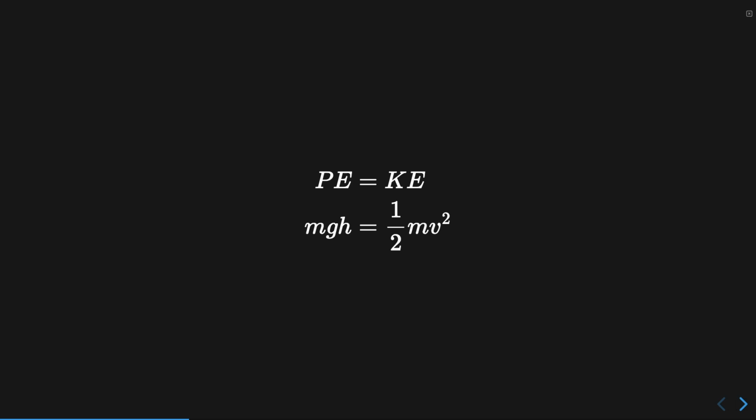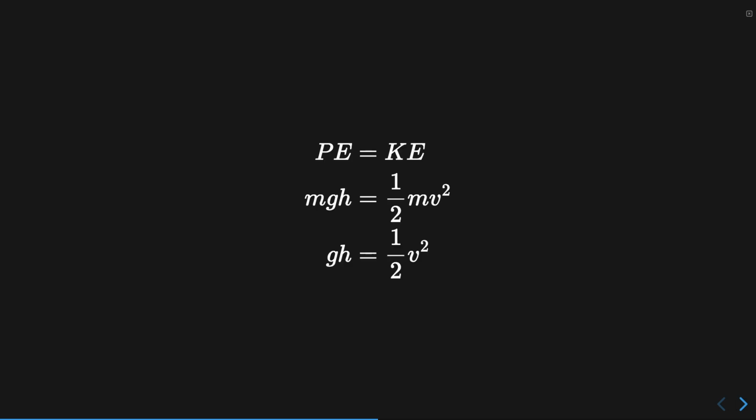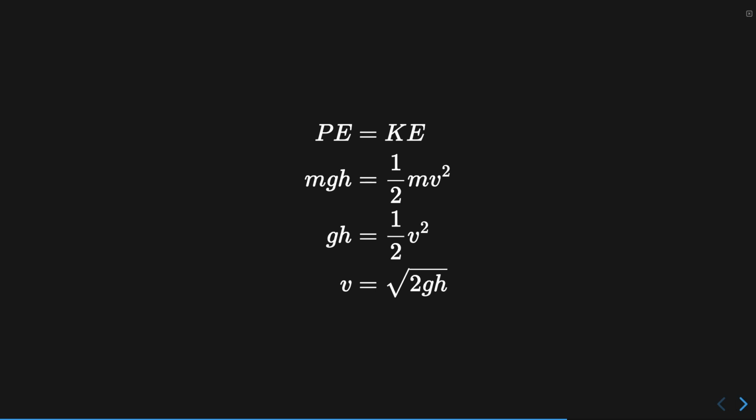Whereas KE, the kinetic energy, is equal to 1/2 times m, the mass, times v squared, or velocity squared. When we set the 2 equations equal to each other, m will cancel out, resulting in gh equaling half v squared. From there, we can isolate v, or velocity, getting v is equal to the square root of 2gh.